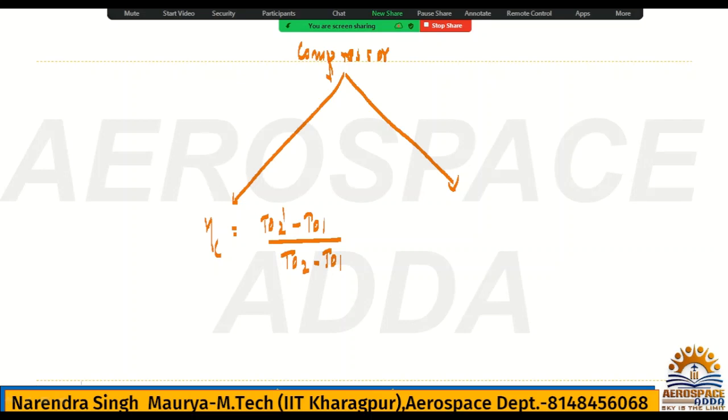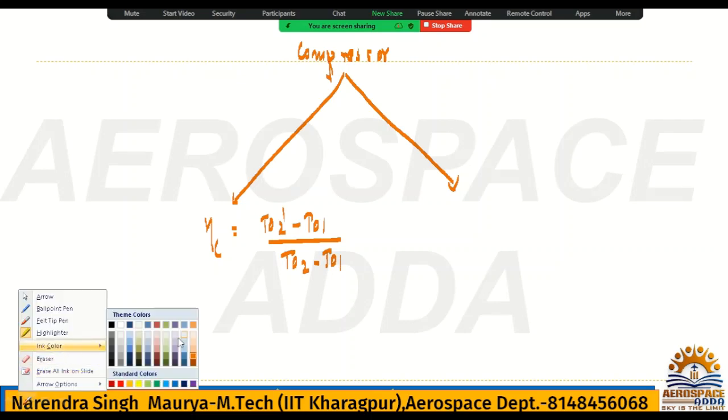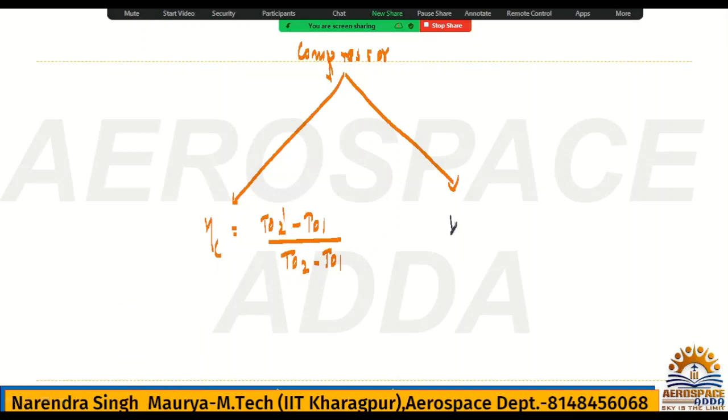This is the isentropic efficiency. Similarly, here you can write the compressor work, which is nothing but Cp of air times T naught 2 minus T naught 1. So these two points are basically important. Once you solve the numerical, these will be used. So just keep this in your mind properly.